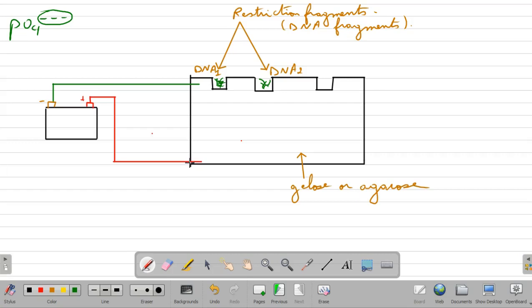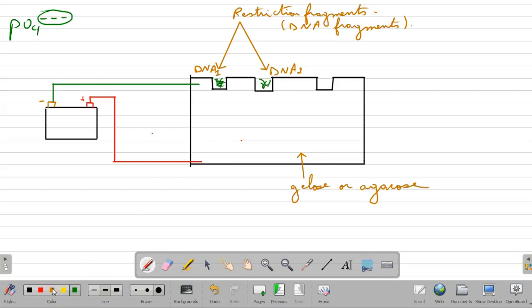Good. So DNA contains phosphoric acid, phosphate group, PO4 minus minus minus. It means that it has a global negative charge, and the fragments will be attracted toward the bottom of the container, because the positive pole of the battery is connected to the bottom of the container.